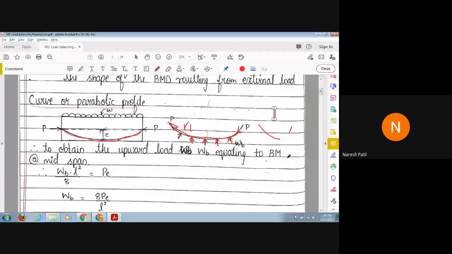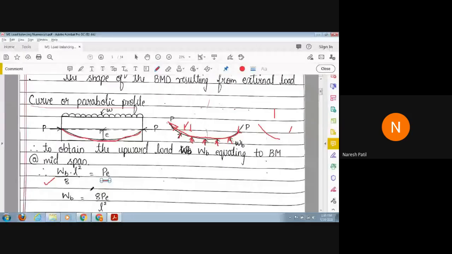So what is Wb L square by 8? It is the upward load which is balanced by the cable profile, and which is equated to the bending moment at midspan, that is P into e, because of the prestressing force. By using that, you will get Wb is equal to 8 P e upon L square.